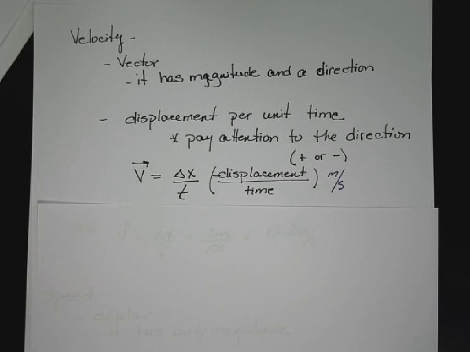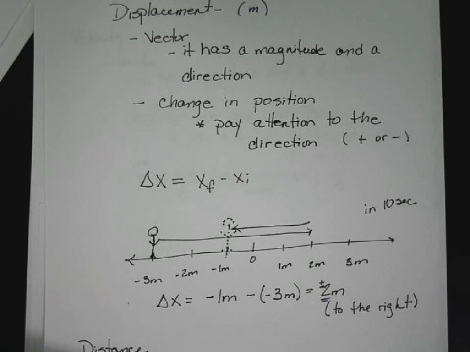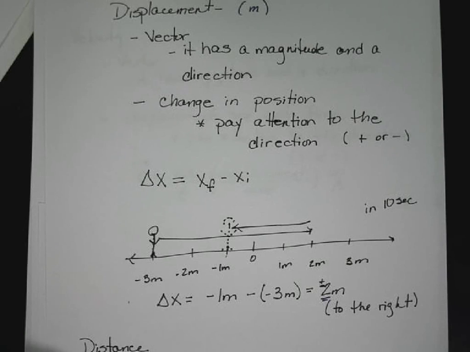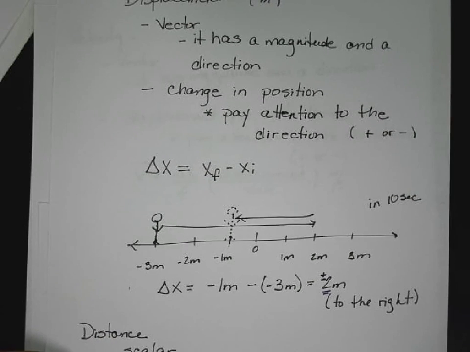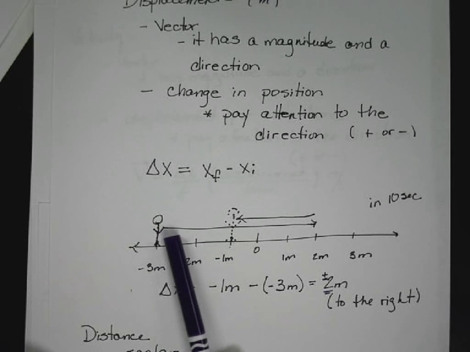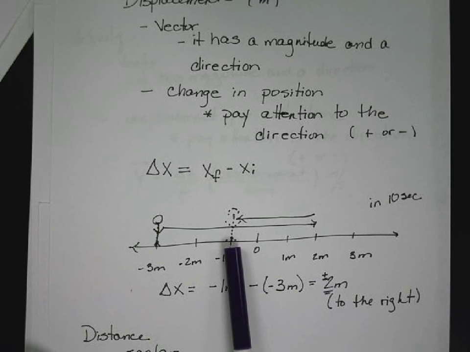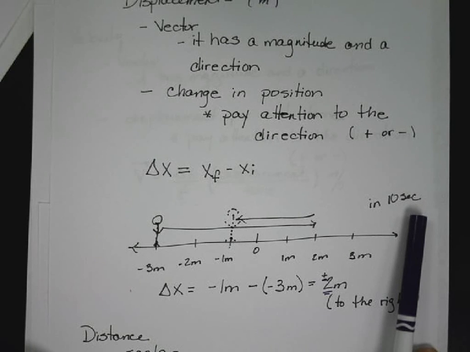Well, let's take a look at the last example that we did, of this guy walking to the right here. If I want to know his velocity, that is defined as displacement per unit time. So he goes all the way over to the 2 meter mark, comes back to the -1 meter mark, and he does it in a time of 10 seconds.